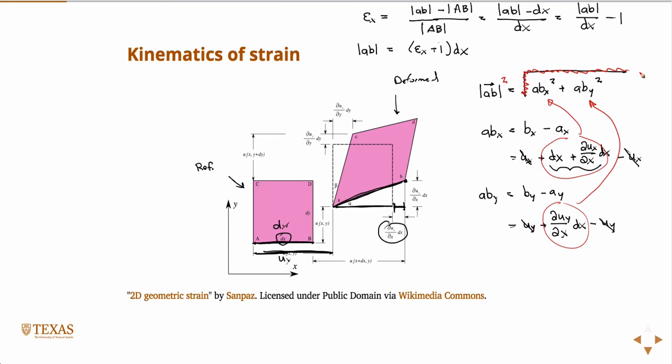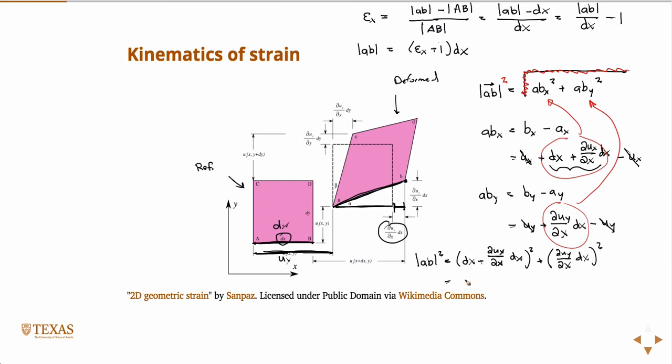Okay? So I just said the magnitude of AB squared is equal to just what's under the radical. And so I'll move down here. I say AB squared, and I'm just going to plug in, right? So then I just have dx plus partial ux partial x dx squared plus partial uy partial x dx squared.